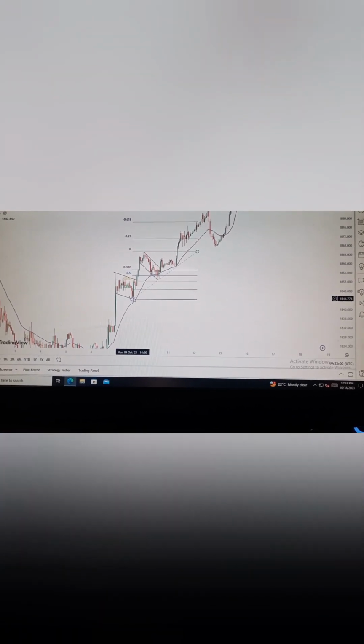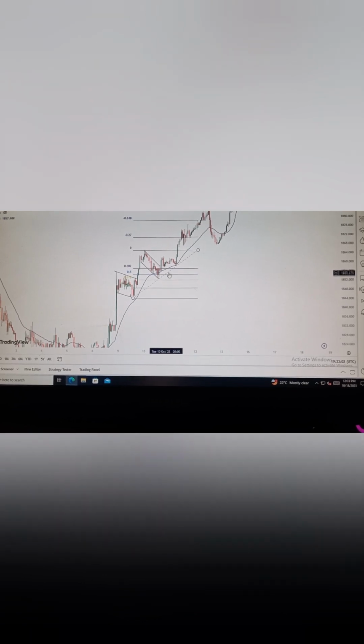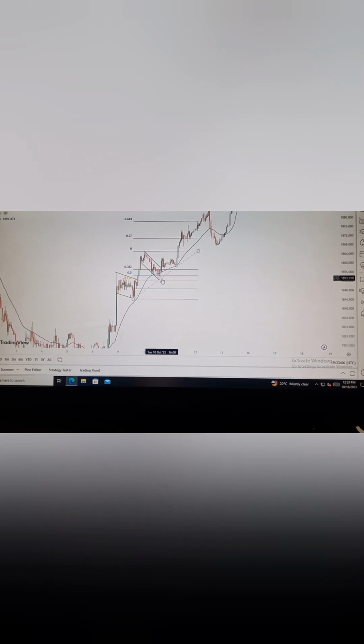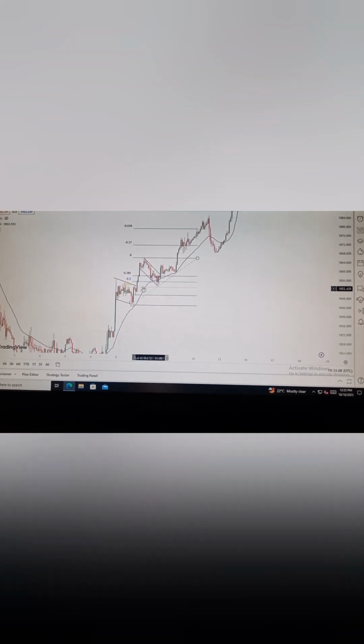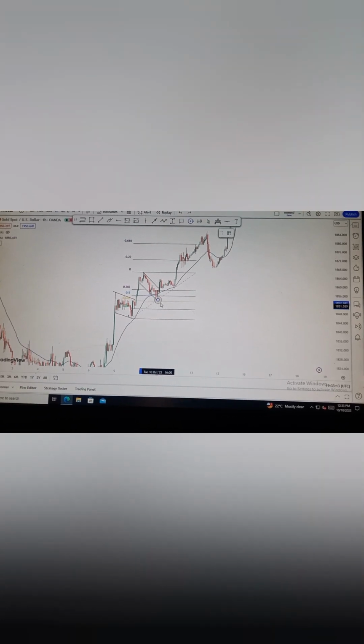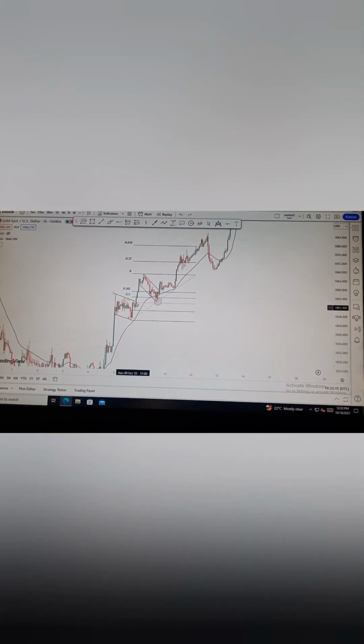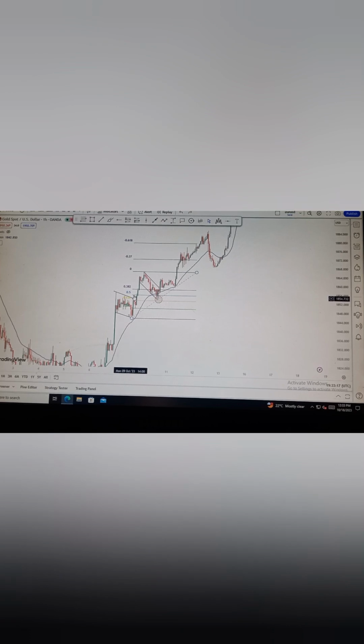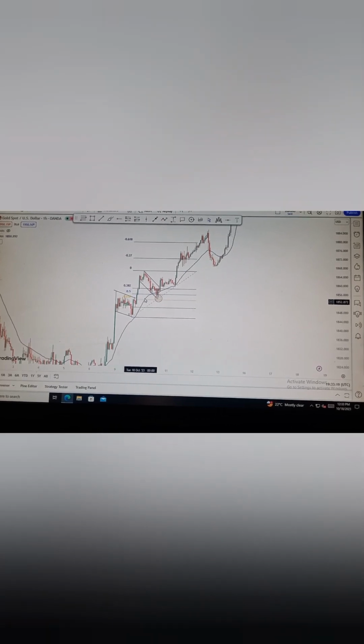There are some dotted lines going through the Fibonacci retracement. This is the bounce. And you see where the bounce falls: in the golden zone, between the 0.5 and the 0.618.